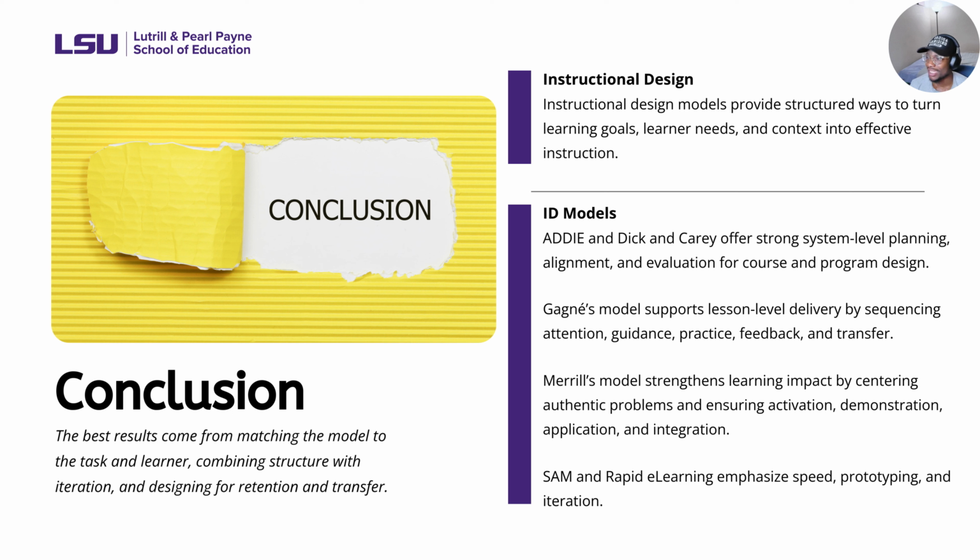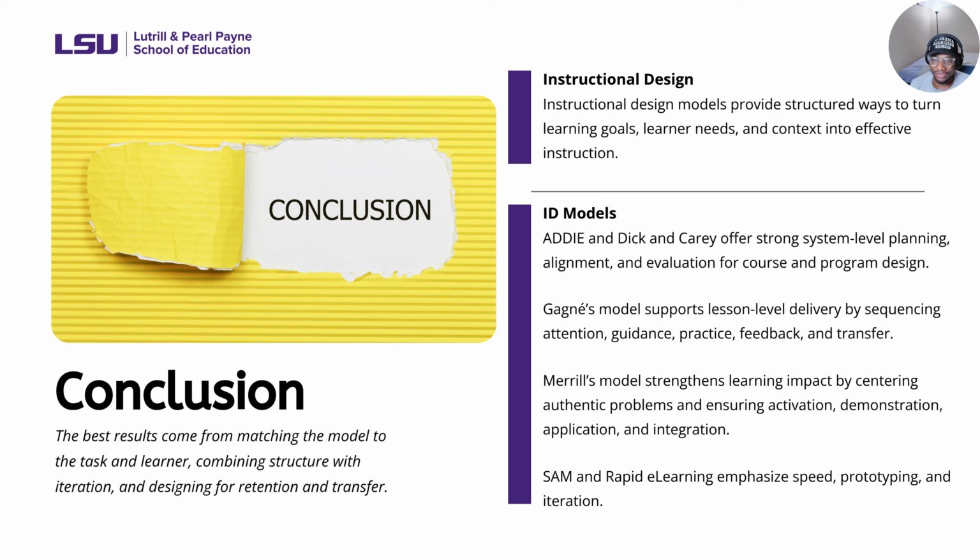So, instructional design models provide structured ways to turn learning goals, learner needs, and context into effective instruction. Of the widely used instructional design models, ADDIE carries a strong system-level planning, alignment, and evaluation for course and program design.